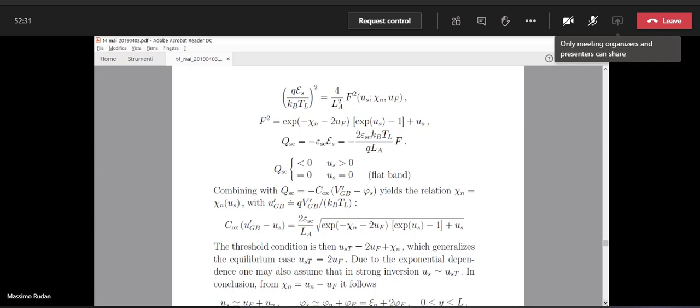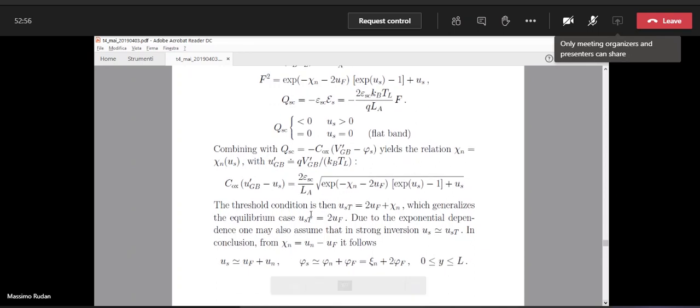So this is always correct. Let's put them together because we have two expressions for QSC. So if we eliminate QSC from these two expressions, we obtain the relation that is visible in the middle of the page.